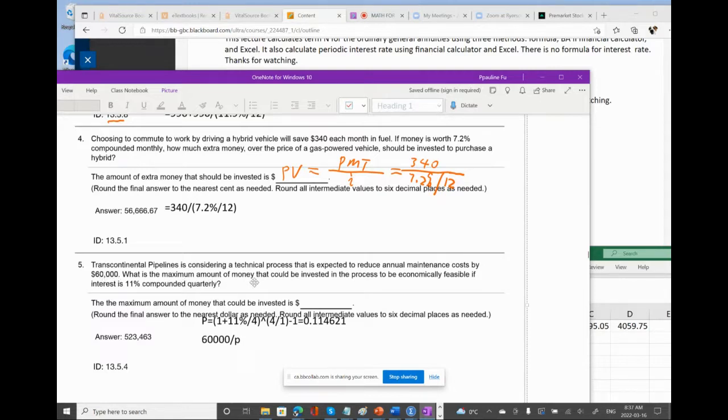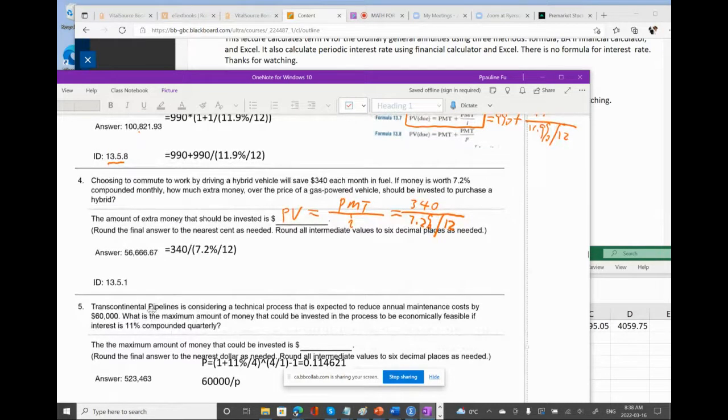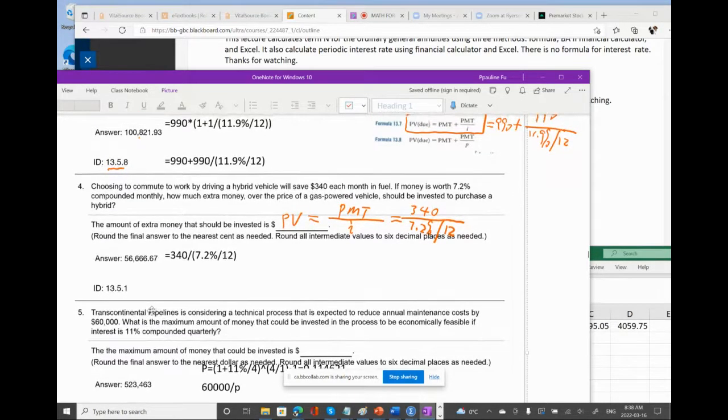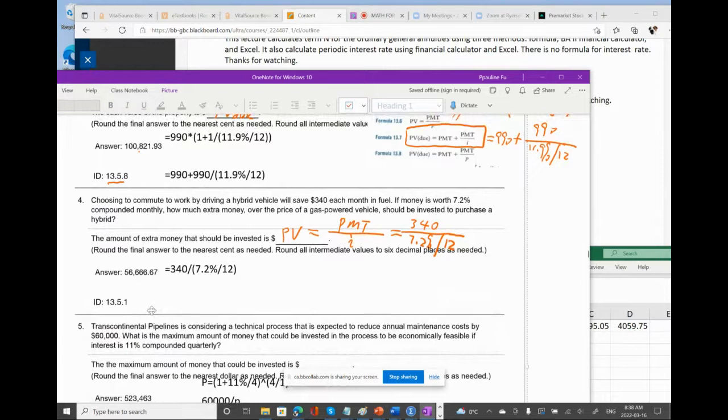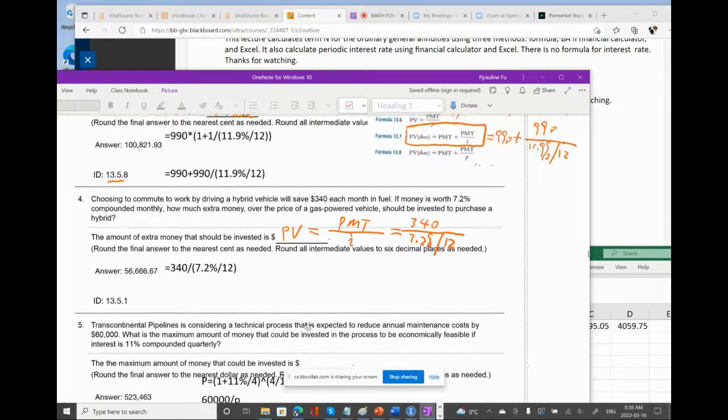What is the maximum amount of money that could be invested in the process to be economically feasible if interest is 11% compounded quarterly? Okay. So for this question, the question is, what is the maximum amount of money? So the question actually asks you for present value.